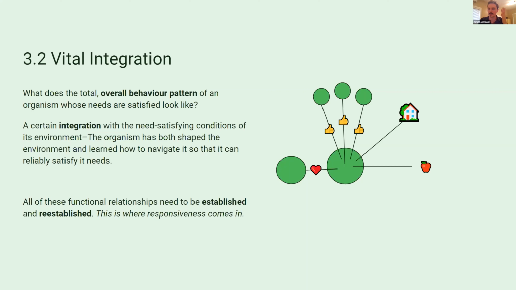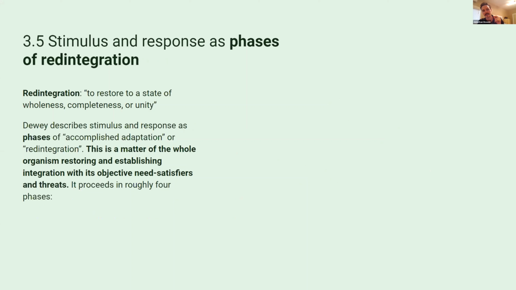So this is where responsiveness comes in on this picture. Here is a great term, reintegration. Here's a little dictionary definition: to restore to a state of wholeness, completeness, or unity.